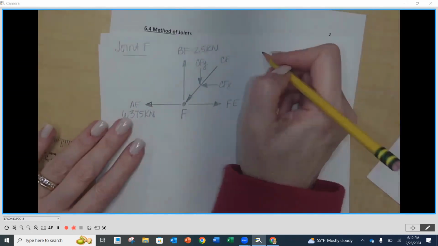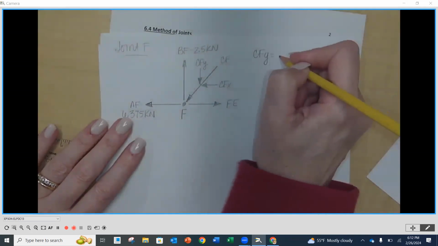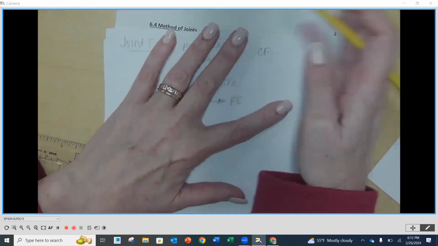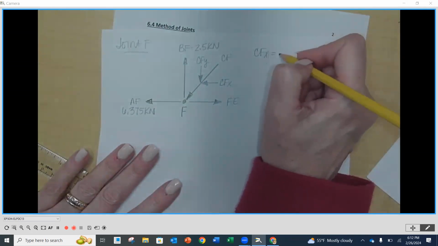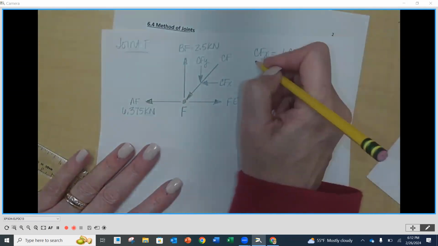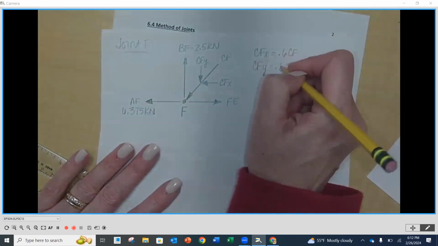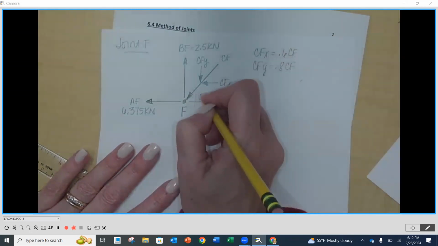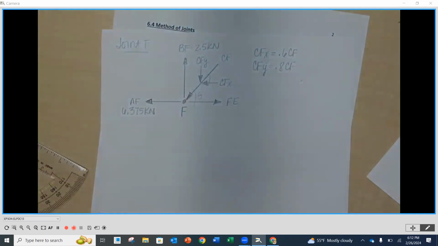Now, let's do our X first. CFX is going to be equal to 0.6 times CF. CFY is going to be 0.8 times CF. Again, here's our theta. Does everybody understand why that is? Okay, because the cosine of 60 is 0.5.